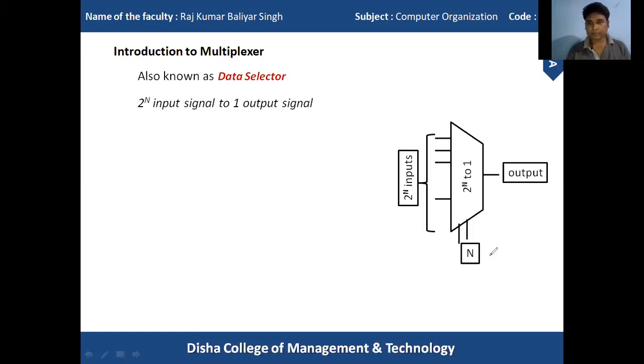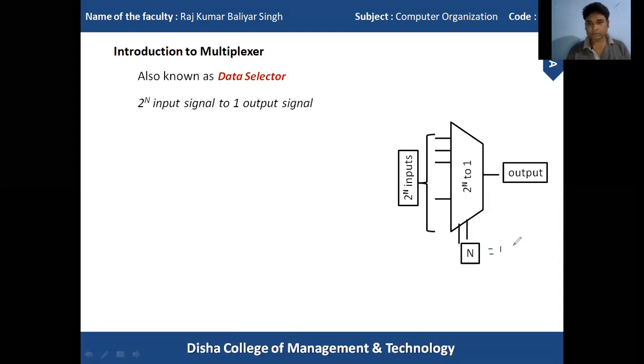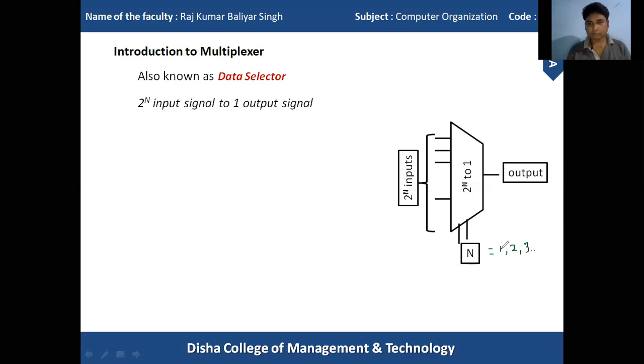Here the n value can be 1, 2, 3, and so on. If the n value is 1, then 2 to the 1 equals 2, so it is a 2 to 1 multiplexer.